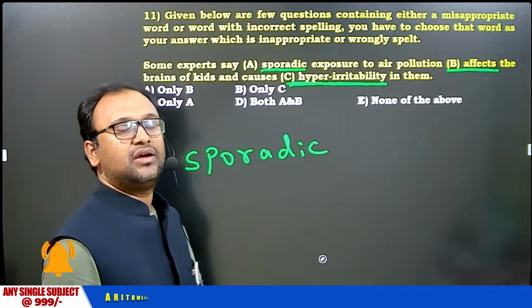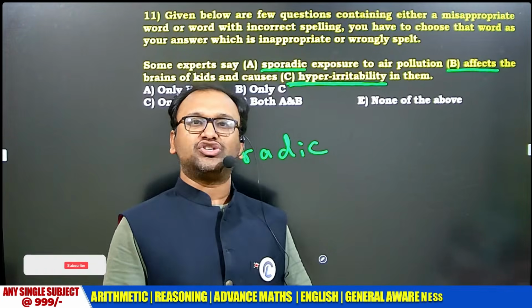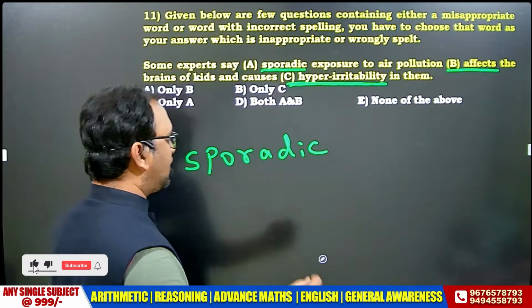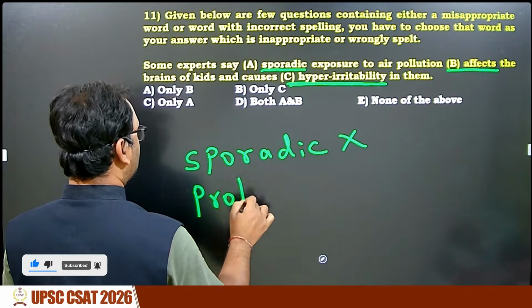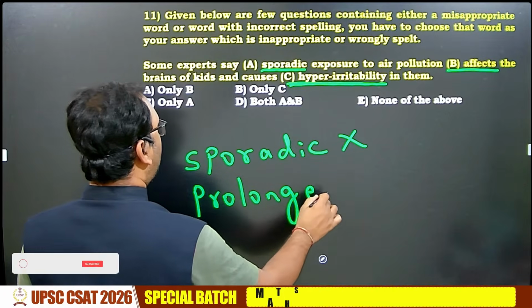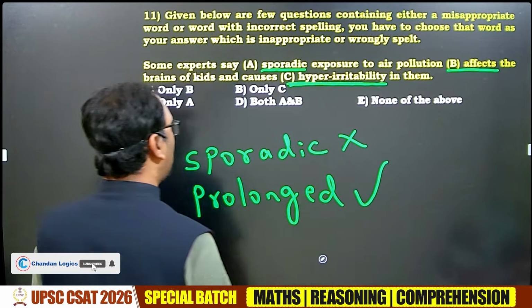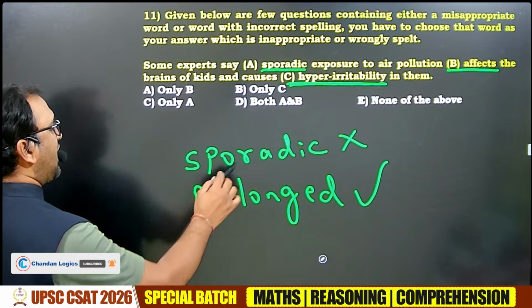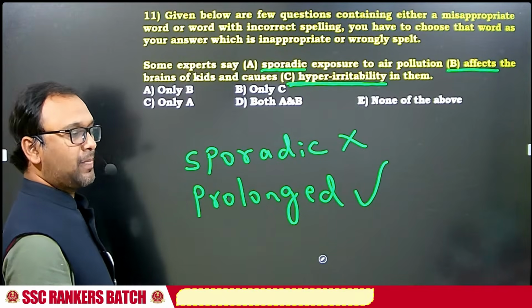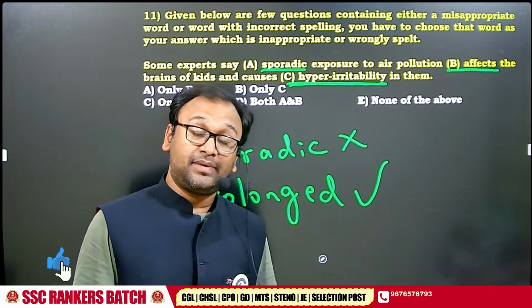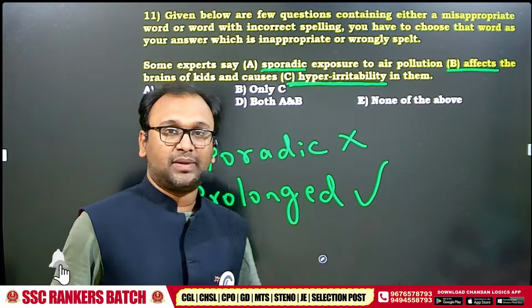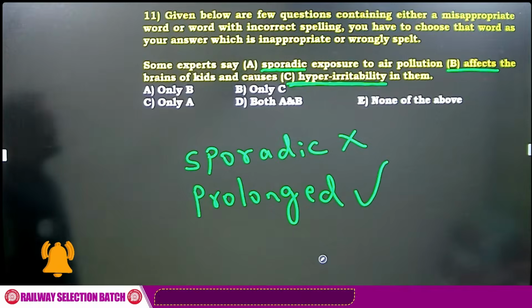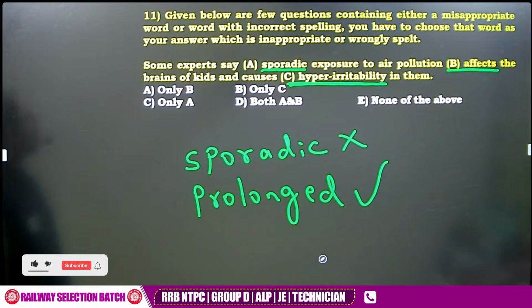Do you think sporadic exposure to air pollution is bad? No. Prolonged exposure is bad. If you are exposed to air pollution sporadically, that's not a real problem. Only the problem is if you are exposed to air pollution long term. So, sporadic exposure is wrong, prolonged exposure is right.